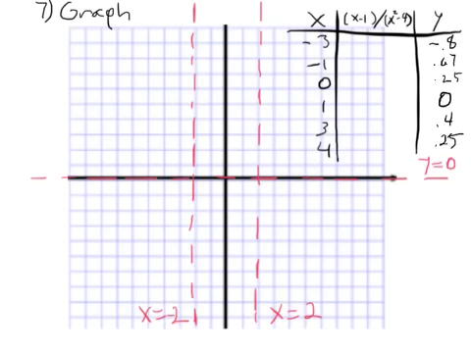Okay? So then I go and I plot those. Negative 3 is at negative 0.8, so we're right there. Negative 1's at 0.67, 0 is at 0.25, 1 is at 0, and 3 is at 0.4, and 4 is going to be at 0.25.